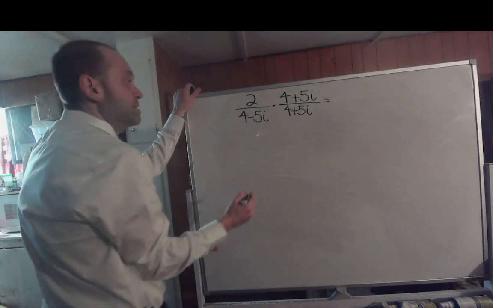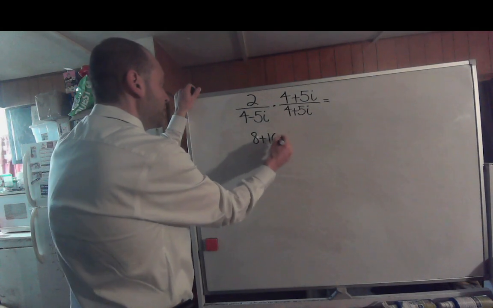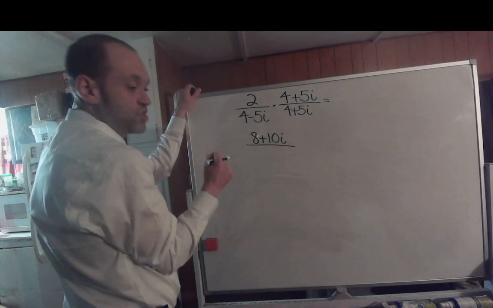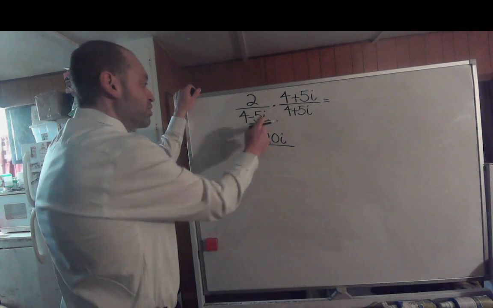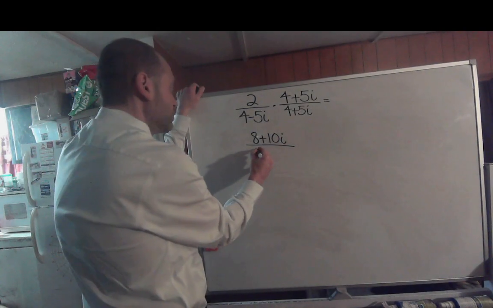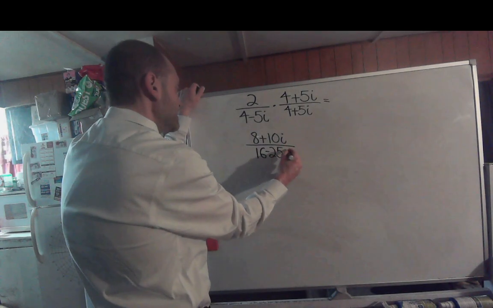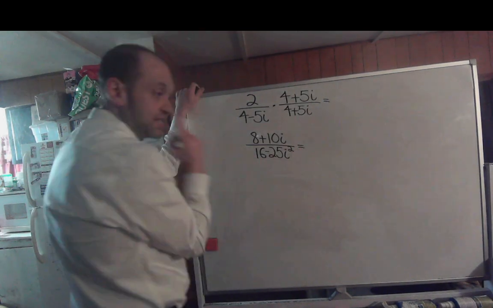which is going to end up then giving you in the numerator 8 plus 10i divided by, this will turn into a perfect square binomial. This would be over 16 minus 25i squared, which we can simplify further.